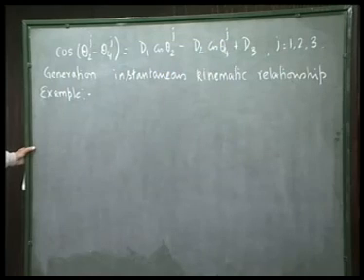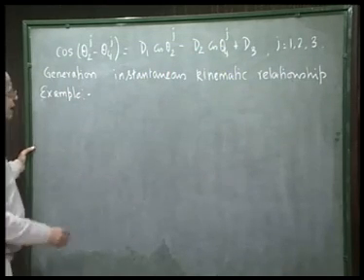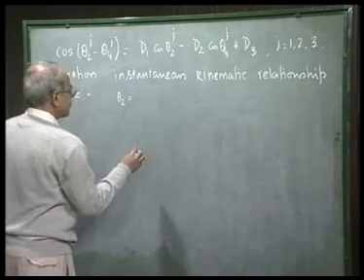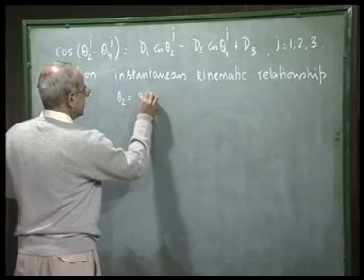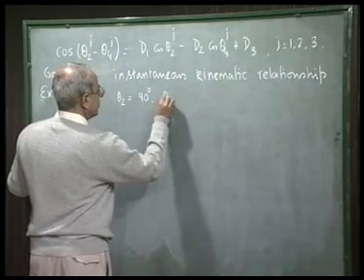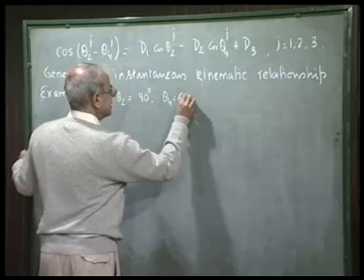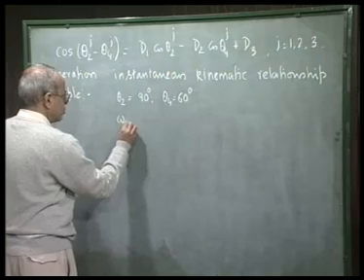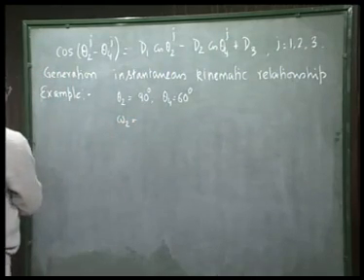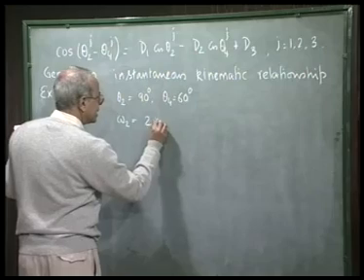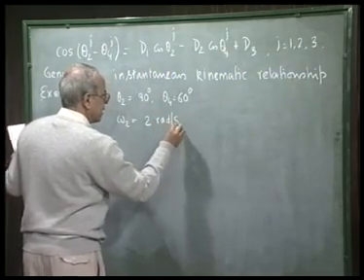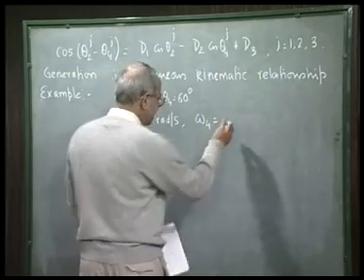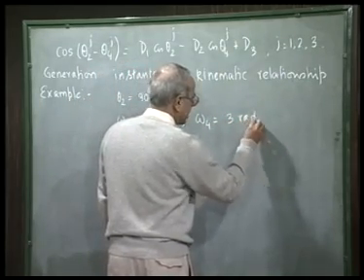As an example, let us use this Freudenstein's equation to design a 4R linkage such that theta 2 is 90 degrees, theta 4 is 60 degrees, and at this configuration omega 2 is 2 radians per second, and omega 4 is 3 radians per second.